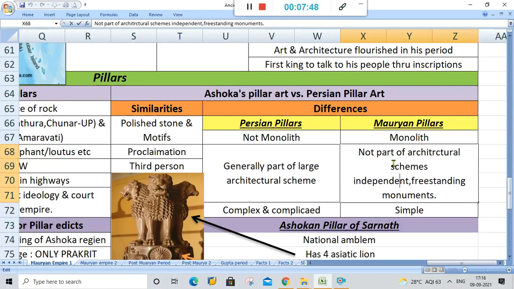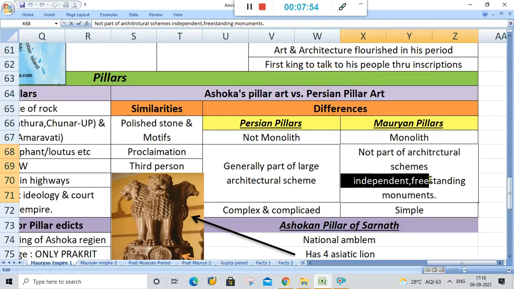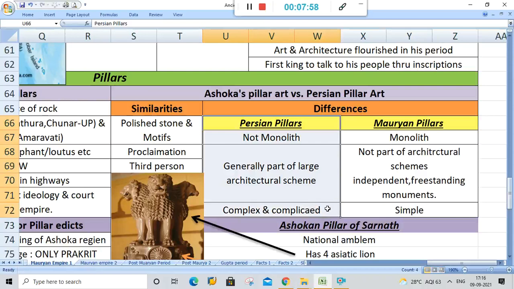They themselves are separate constructions. So that is what is said here, not part of architectural schemes. They are independent, freestanding monuments. The Persian pillars are complex and complicated. However, the Ashokan pillars are simple.